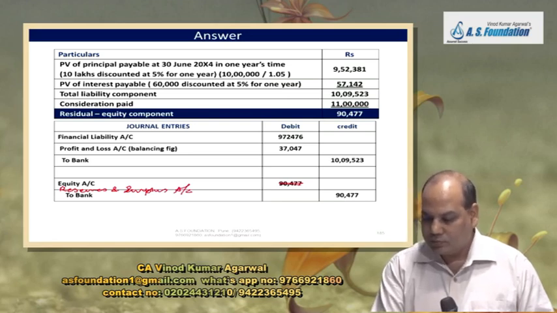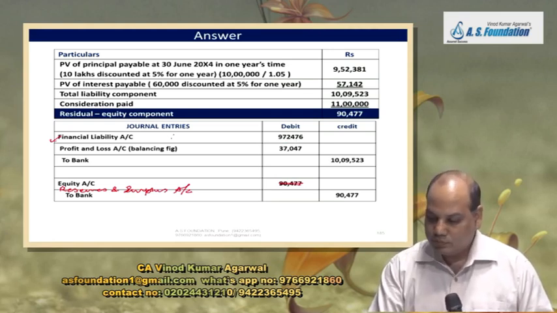First entry, write down financial liability account debit 9,72,476.